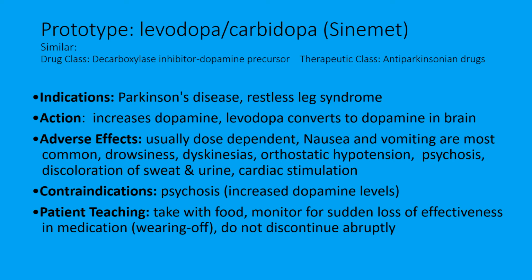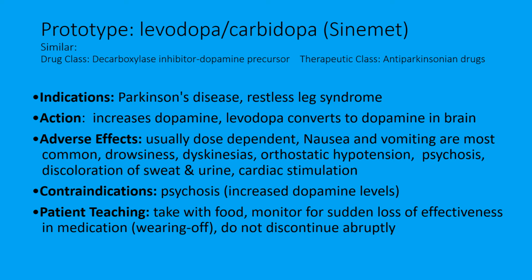It's also used for restless leg syndrome, which people can get when they're trying to sleep. It's a neurological condition, and it's kind of an interesting condition. It's where someone is trying to sleep, but it feels like their legs are just not stopping. It feels like they're running when they're trying to sleep.